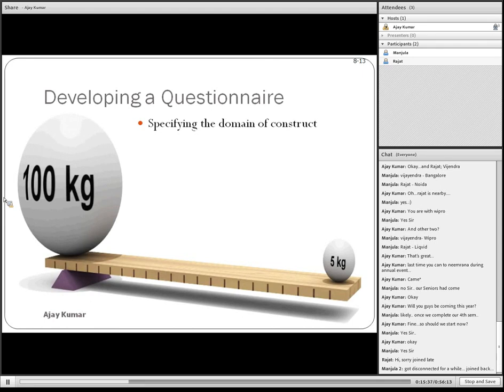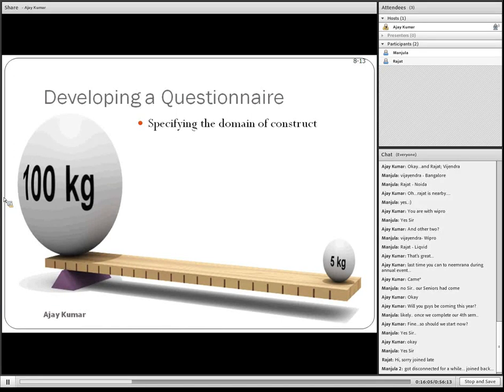Now, domain of construct would mean, domain is a plain English word, and we would understand eventually what domain means. But to put it in perspective, domain of construct would mean that we have to actually define what attitude is. So suppose I am trying to measure satisfaction and I am developing a questionnaire for that, I have to define what satisfaction actually is.